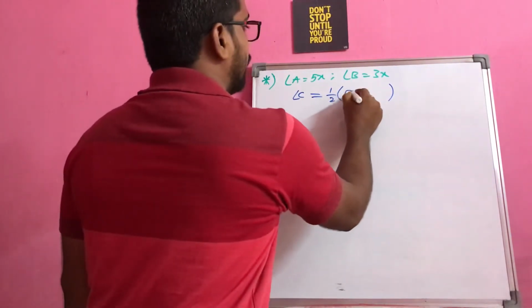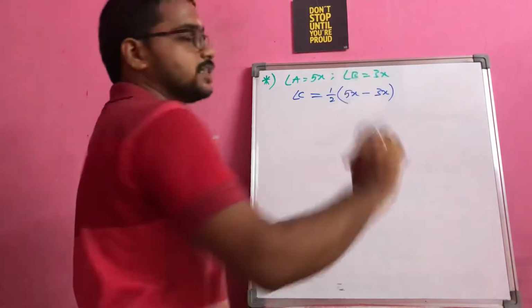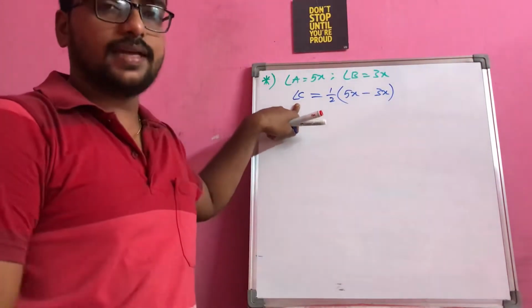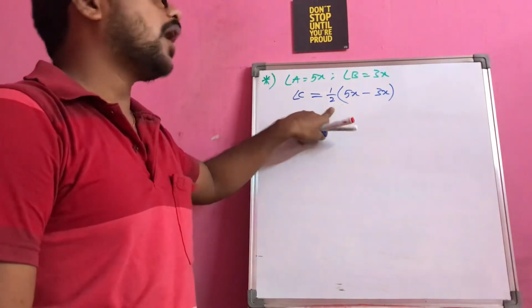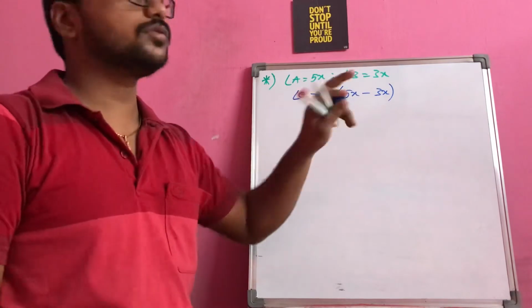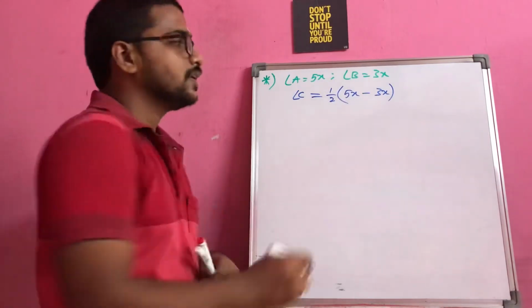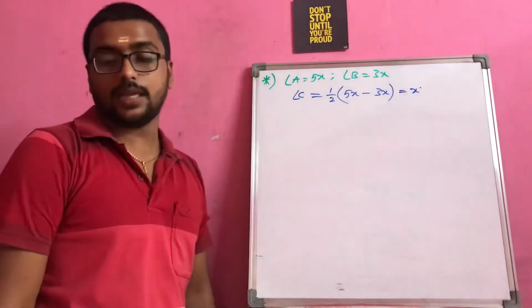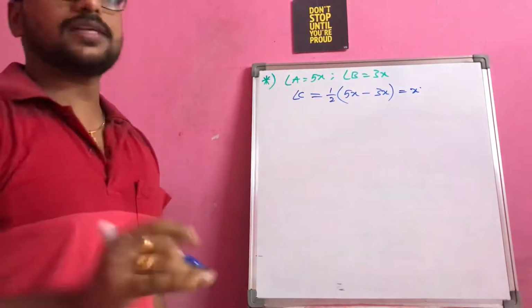So that means 5x and 3x. Is this clear? The third angle, angle C, is equal to half of the difference of the above angles, so these two subtracted. So angle C is nothing but x degrees. What you have to find out is the measure of each angle.